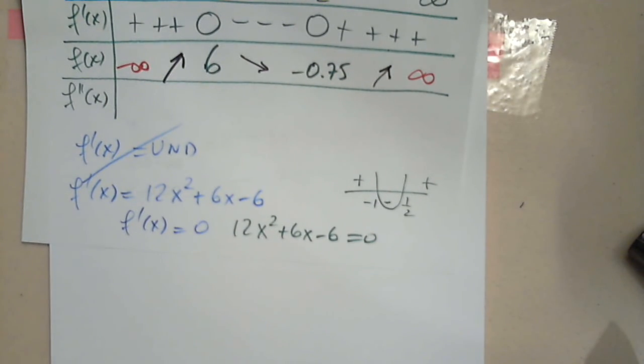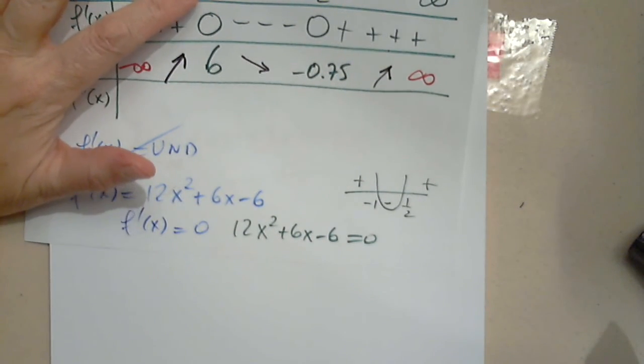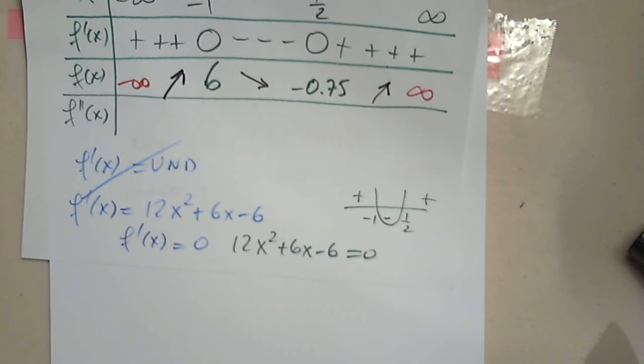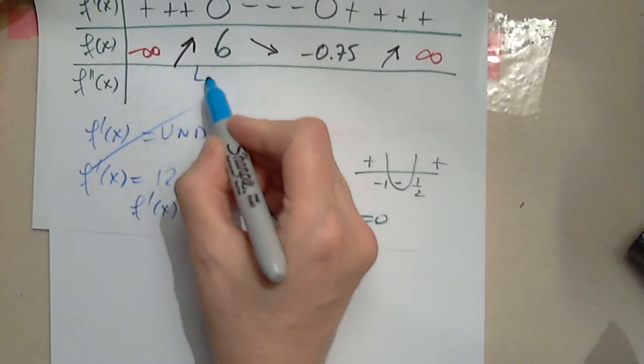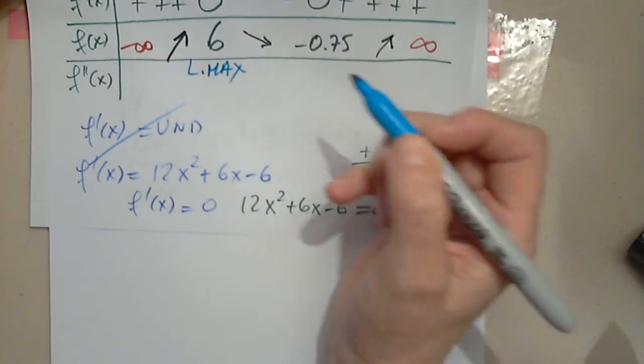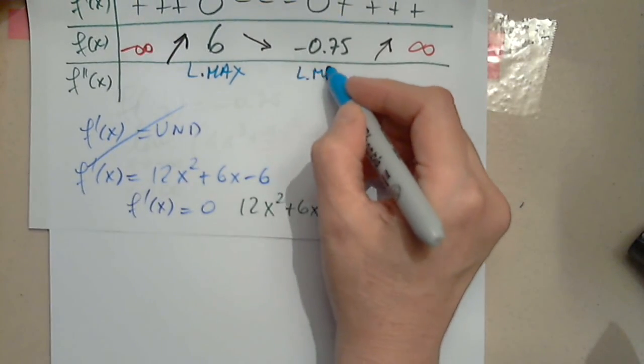I can identify now the type of point negative 1, 6, and 1/2, negative 0.75. Can anyone say what type of point is negative 1, 6? Local maximum. Excellent. And this one is a local min.